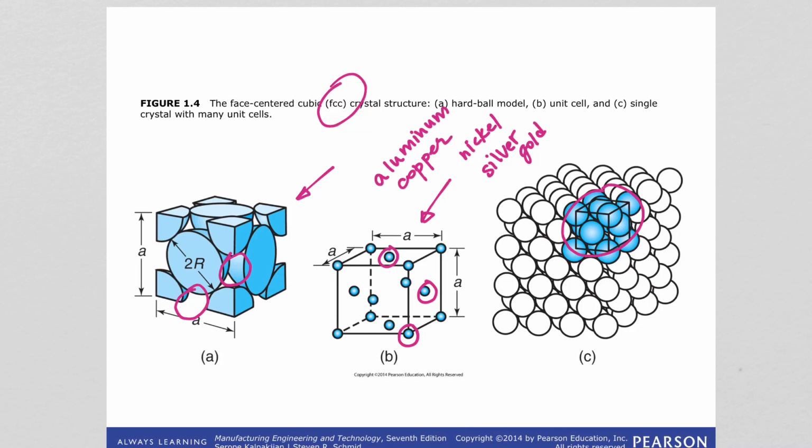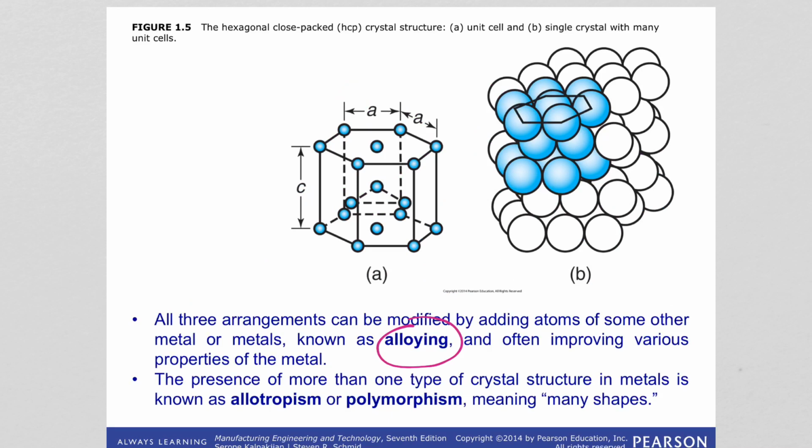So that is the alloying. Of course, this is done to improve the properties. Okay, there is a reason we want to improve the properties. Therefore, we do alloying. Okay, adding elements, atoms to the structure of the metals, basically.